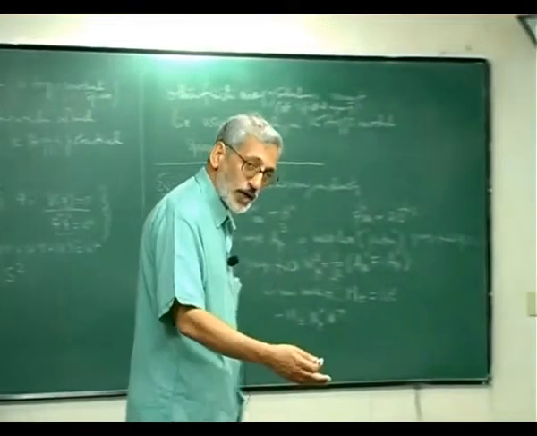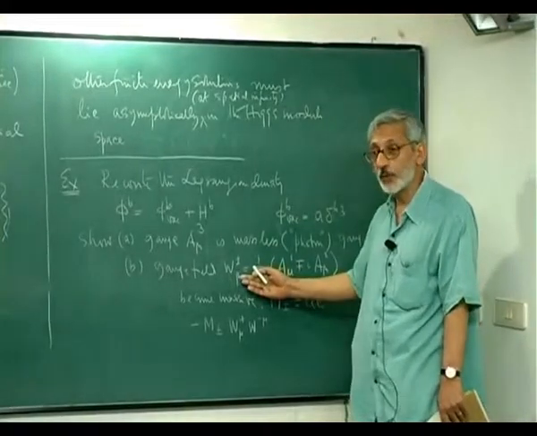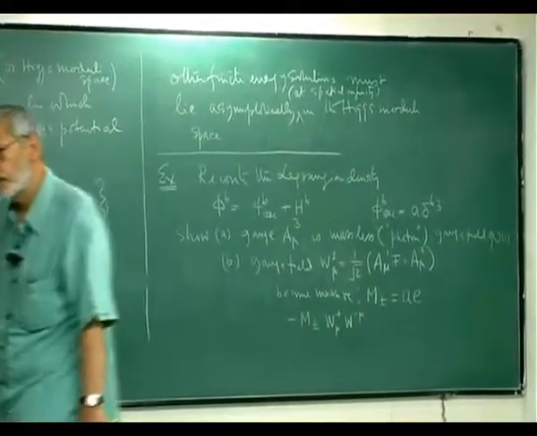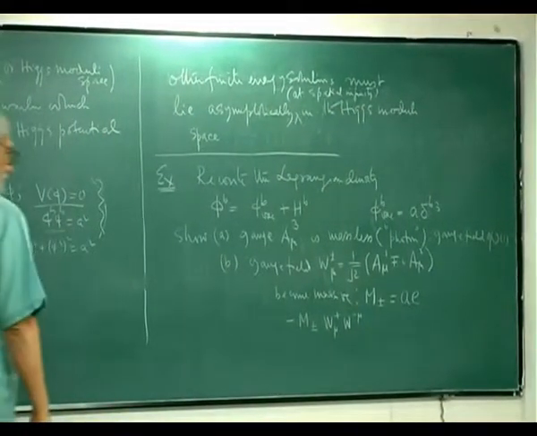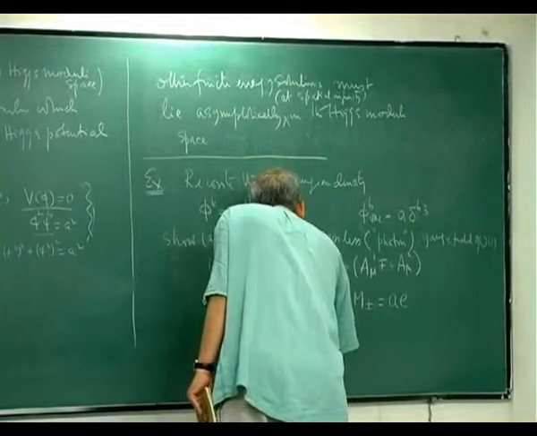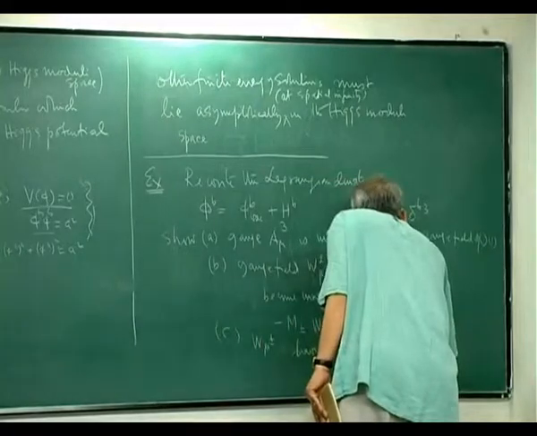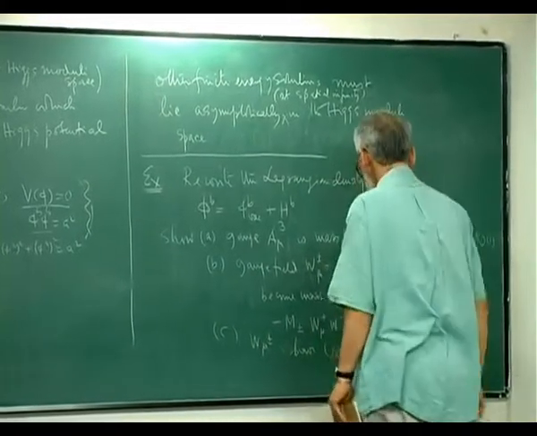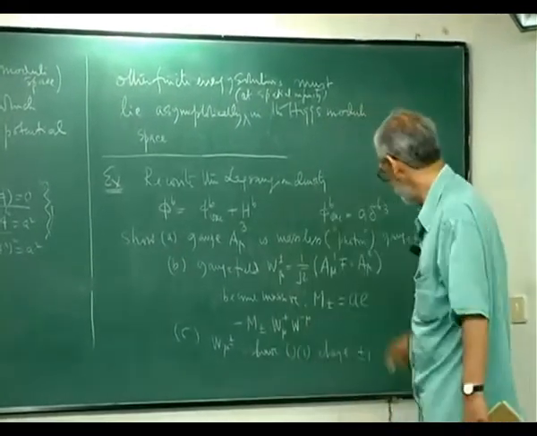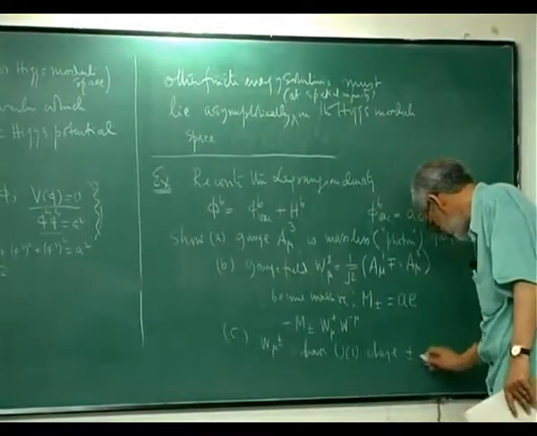And with respect to that U1, these gauge fields that we have constructed, W plus and W minus, have charges. Show that W plus and minus have U1 charge plus 1 and minus 1. Maybe it's this combination which has plus 1 charge, and this combination has minus 1 charge. 1 means 1 in the units of e, so it will be e.